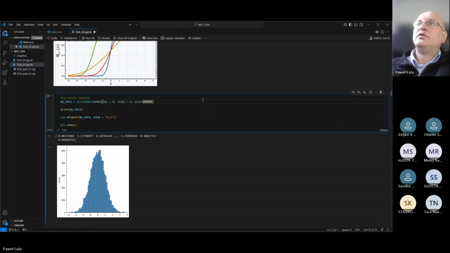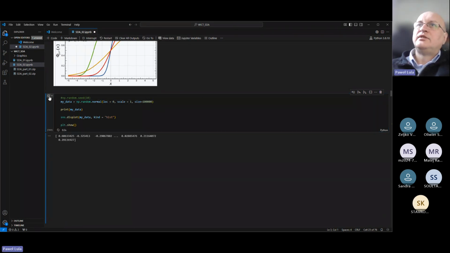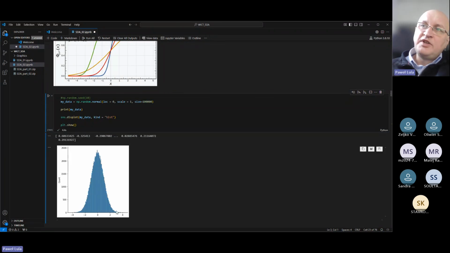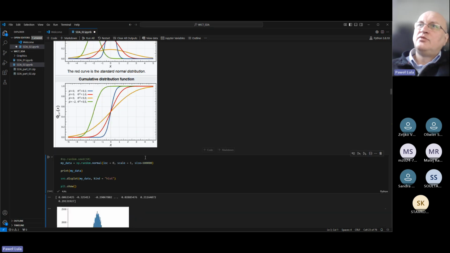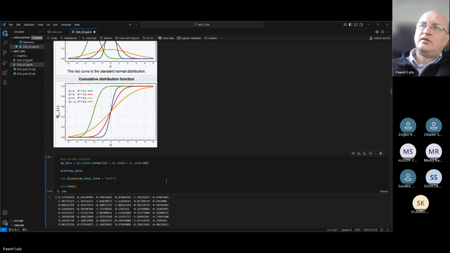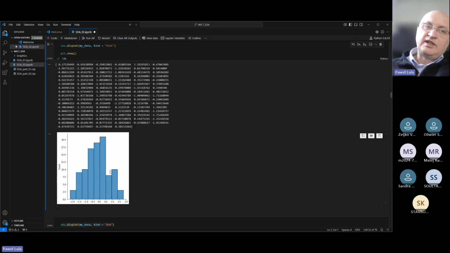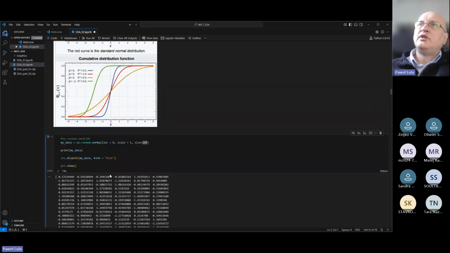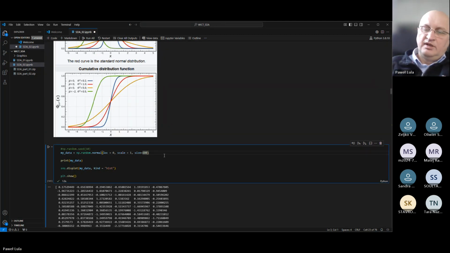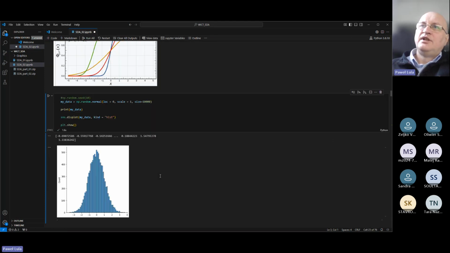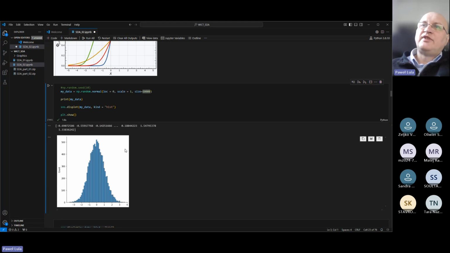I will try to change it again. Now, of course, it is rather time consuming, but we see that it is very, very similar to this shape. When the number of elements is small, then differences between theoretical and empirical distribution are bigger. But 10,000 was a good value. We see that it is very, very similar.